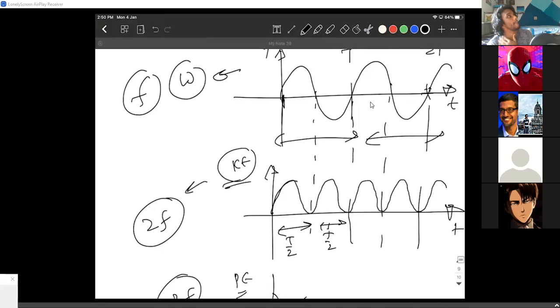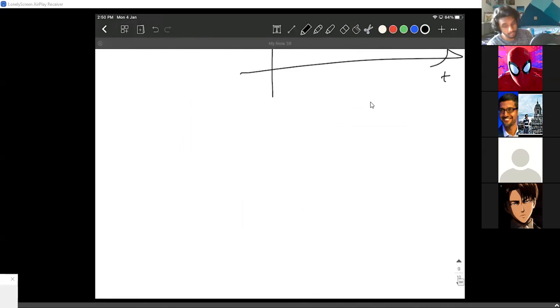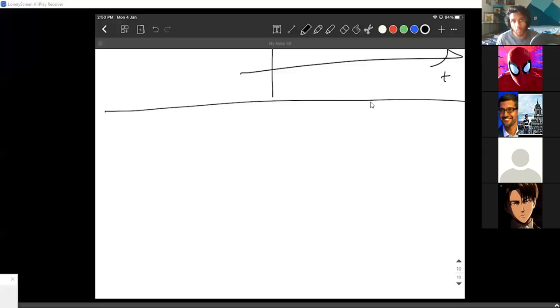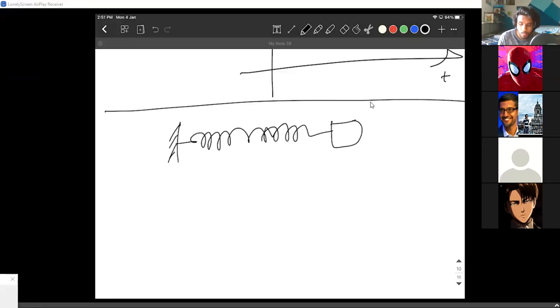Now, shall we discuss this? Let's look at a problem with a spring block system. We already talked about the mean position, positive extreme, and negative extreme.